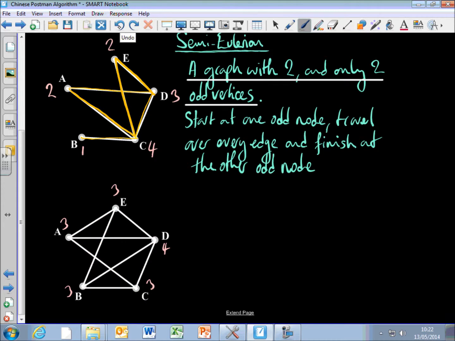And this graph is called a non-Eulerian graph. It basically means I can't go around the network only travelling over every edge just once, no matter where I start. And we can define it by saying it's got more than 2 odd vertices.